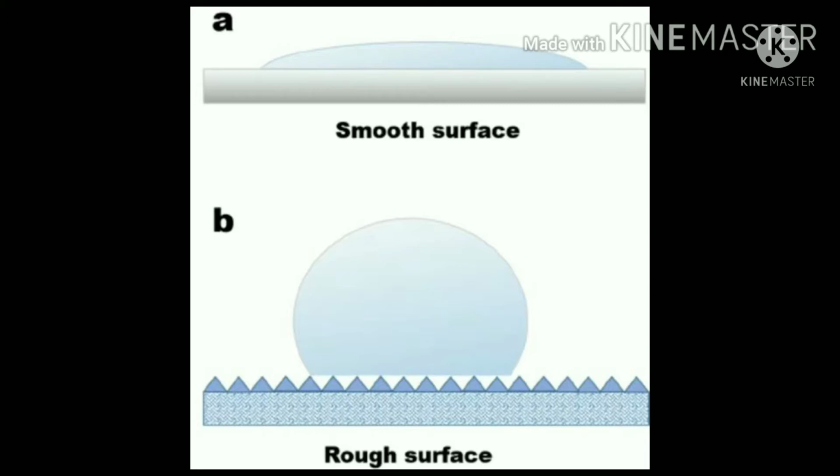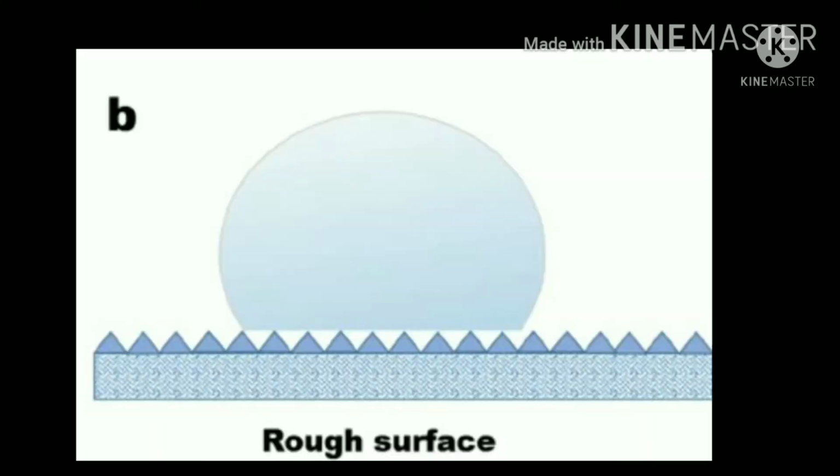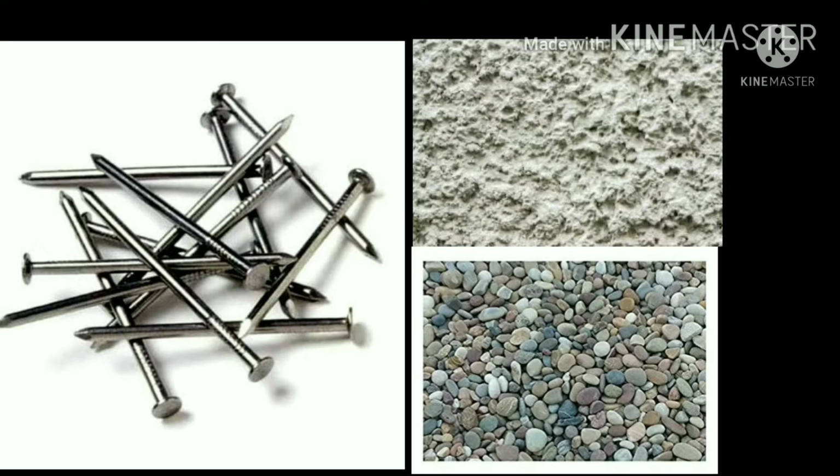A rough surface has a bumpy surface, that means an irregular surface. A rough and bumpy surface. Can you say an example? Some types of metals, stone and wall are examples of rough surface.